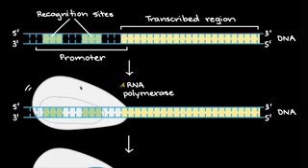And the way it knows where to start is it attaches to a sequence of the DNA known as a promoter. And every gene is going to have a promoter associated with it, especially if we're talking about eukaryotic cells. Sometimes you might have a promoter associated with a collection of genes as well. But in general, if you've got a gene, you're going to have a promoter. And so that's how the RNA polymerase knows to attach right over there.